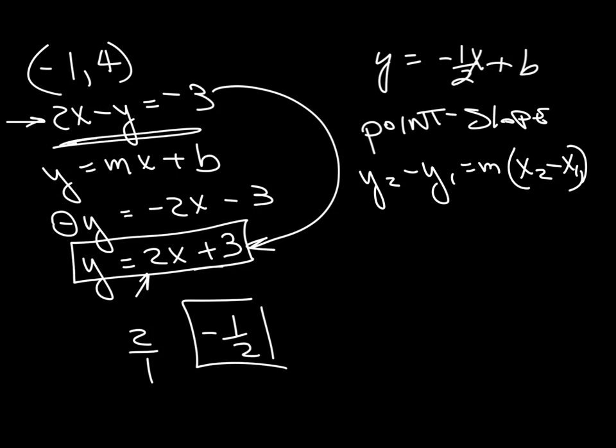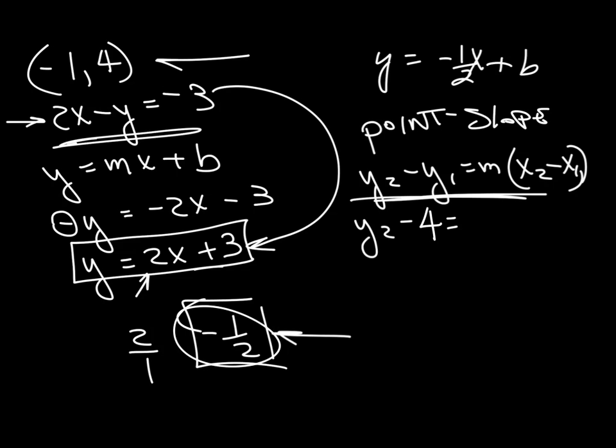Now that I have a slope and I have a point, I can use this equation to get the rest of the information. Alright, so I'm going to leave the y2 alone. I'm going to put the 4 in here, and I know my slope is negative 1/2, and I've got an x2 minus, and then my negative 1 up there in the upper left is my x1.